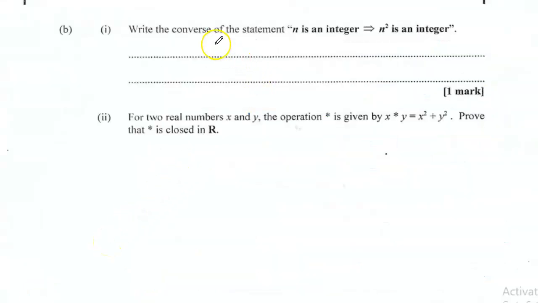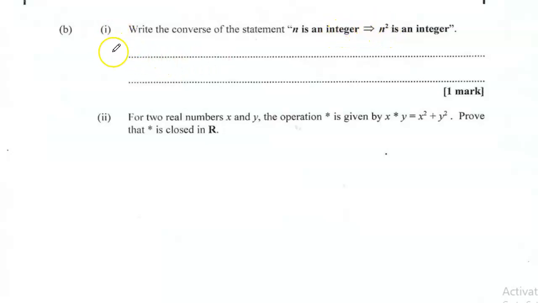So next, we're asked to write the converse of the statement: if n is an integer, then n squared is an integer. So the converse of a statement is simple. We switch the hypothesis and the conclusion.